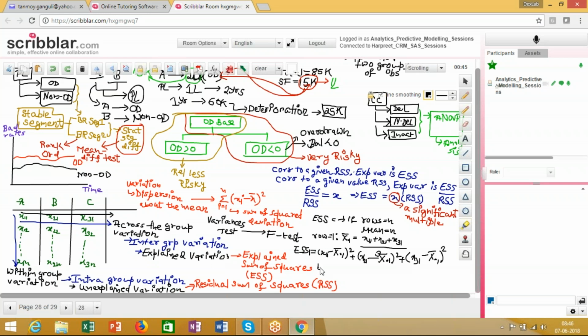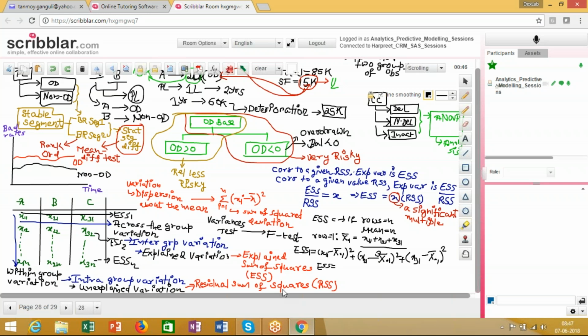Then the total explained sum of squares will be, so over here you will see that this is the ESS for the first row, ESS 1. After this is ESS 2, and after this is ESS 3. Right?